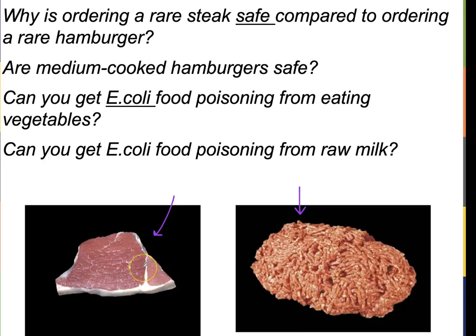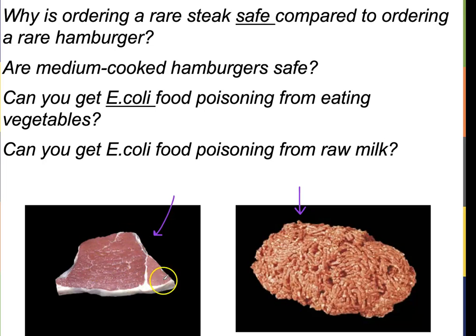For this rare steak, the surfaces are cooked, and the surfaces would be the ones that have the contamination of E. coli. So if you cook all the surfaces well, you're going to destroy any bacteria on the surface, and then the bacteria don't really get inside the muscle. It's not a bacteria that squirrels its way inside the muscle tissue.